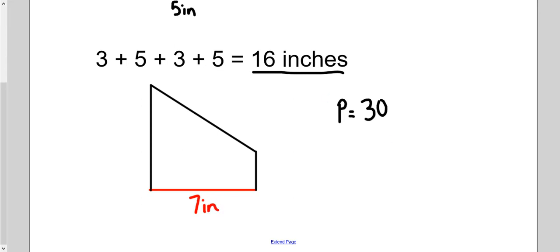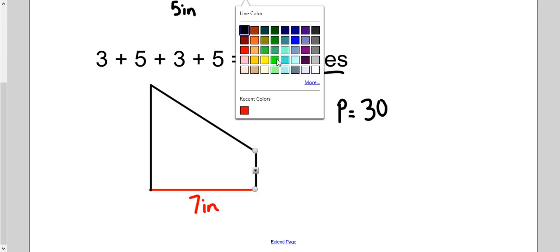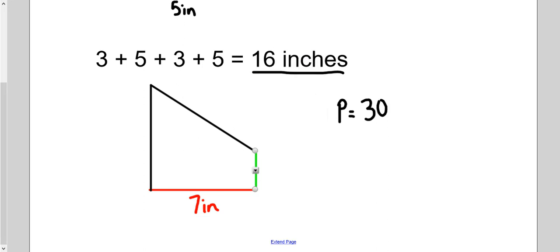And we also know that this side right here, let's go ahead and make that green, that side right there is, I don't know, 3 inches.